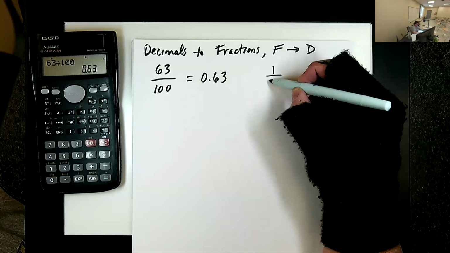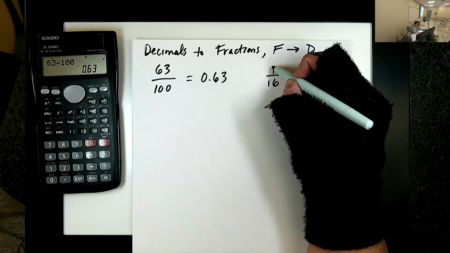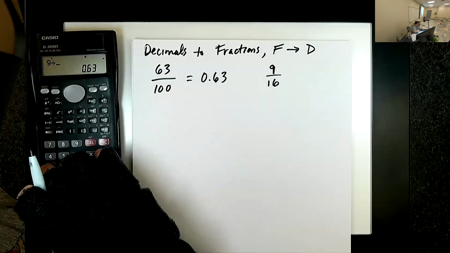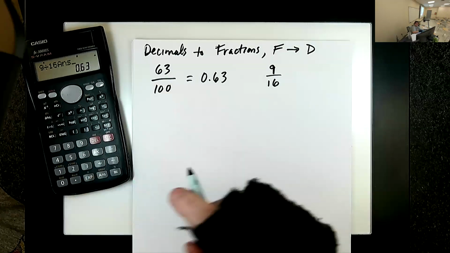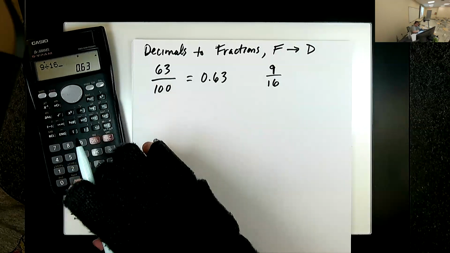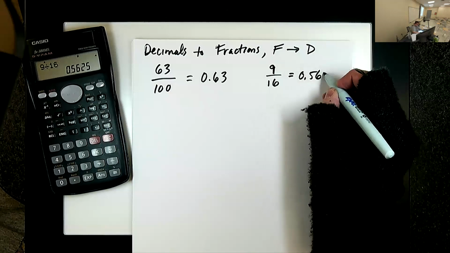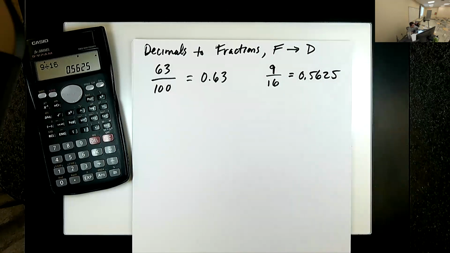If I have 9 over 16, let's be crazy, I get 0.5625. That's pretty easy. Some of them are even easier.